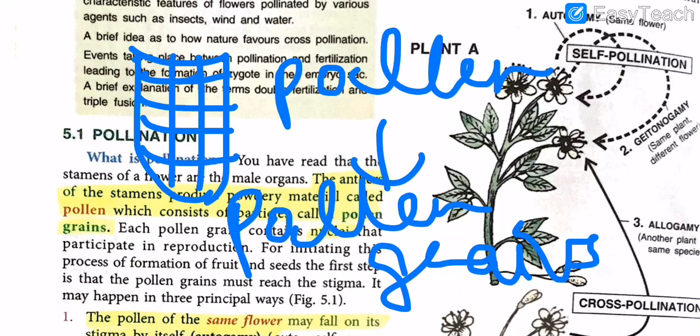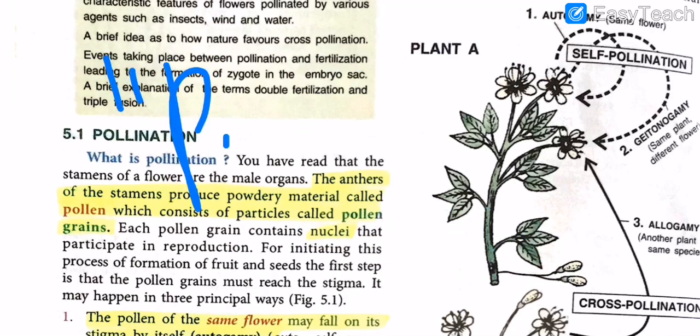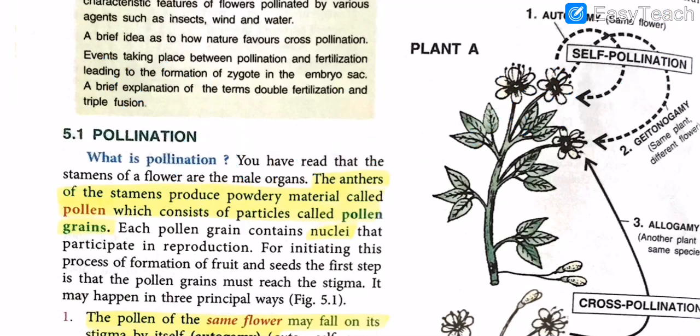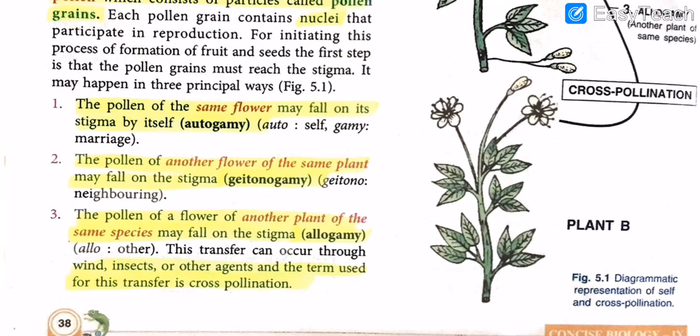This process called pollination can happen in three simple ways. First, the pollen of the same flower may fall onto its own stigma by itself. That's autogamy: auto meaning self, gamy meaning marriage.